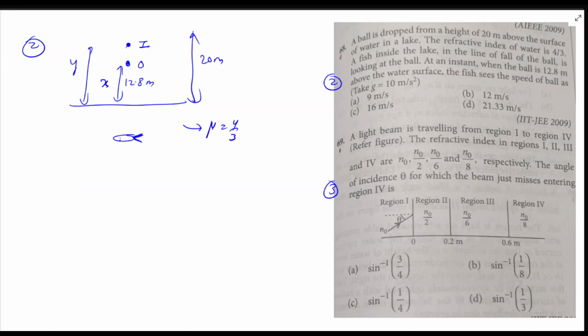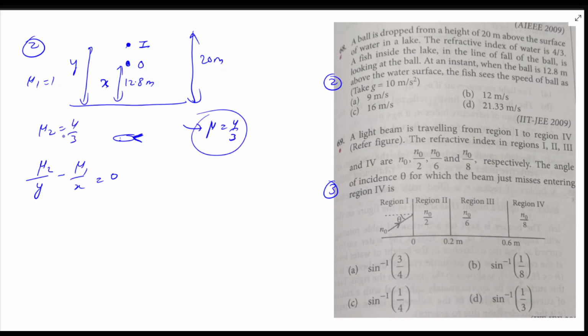So we will use this formula. Of course, we know how much y will be: y will be equal to mu into x, but let's just derive it. mu2 by y minus mu1 by x will be equal to 0, because R is infinity for a plane surface. This is our mu2 and this is our mu1, where mu1 is 1 and mu2 is 4 by 3.